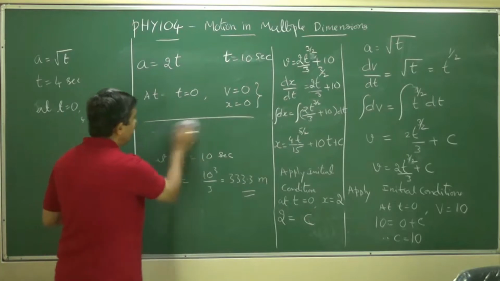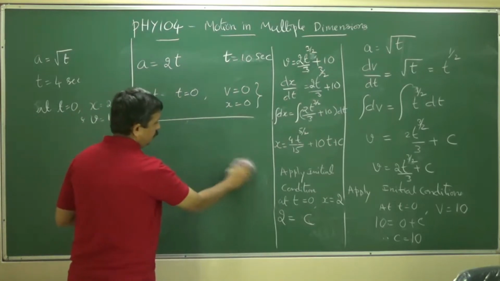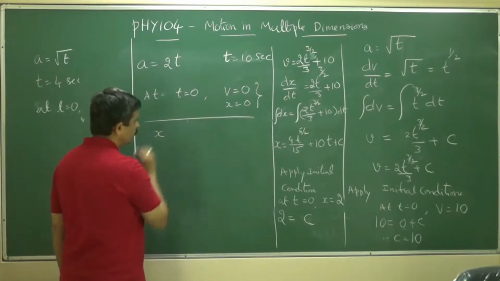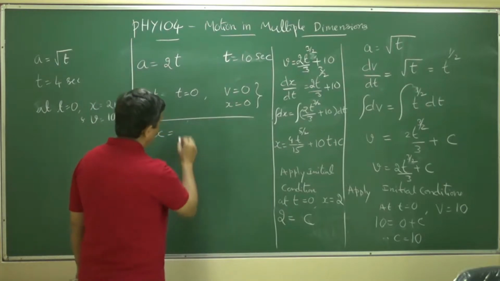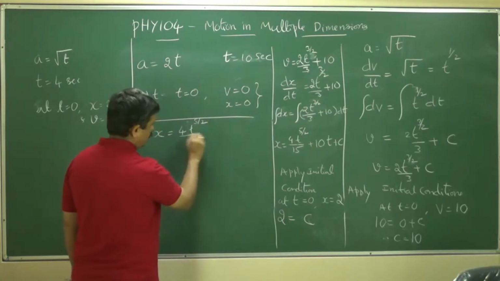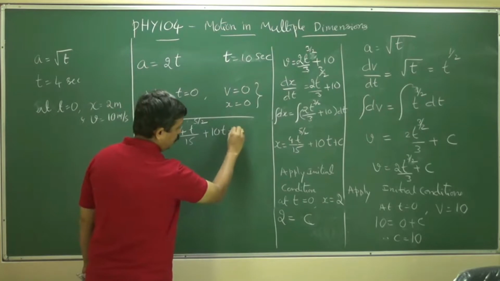So, what is our final x equation? The x equation is 4 t to the power of 5 by 2 divided by 15 plus 10 t plus 2.